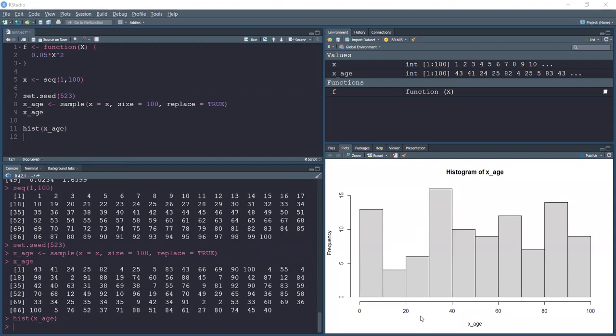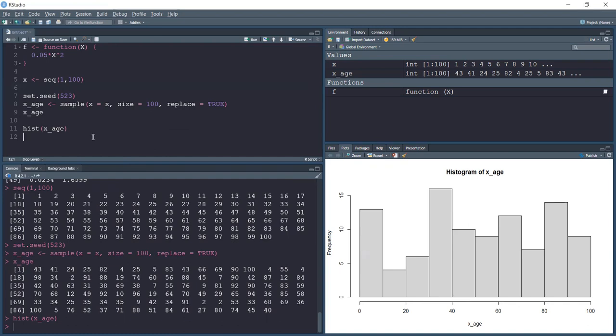We seem to have 10 buckets from what I'm seeing over here, and just think of them as ages. The least represented age is the sort of the teenagers, right? The tweens and teenagers. We have 4 of them apparently. The most represented data is the 30 to 40-year-olds.